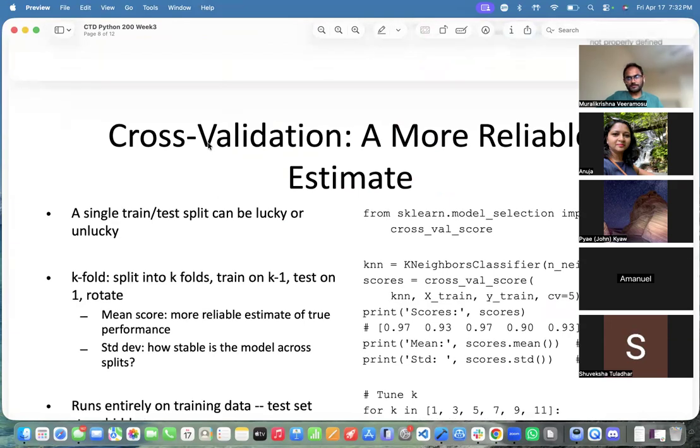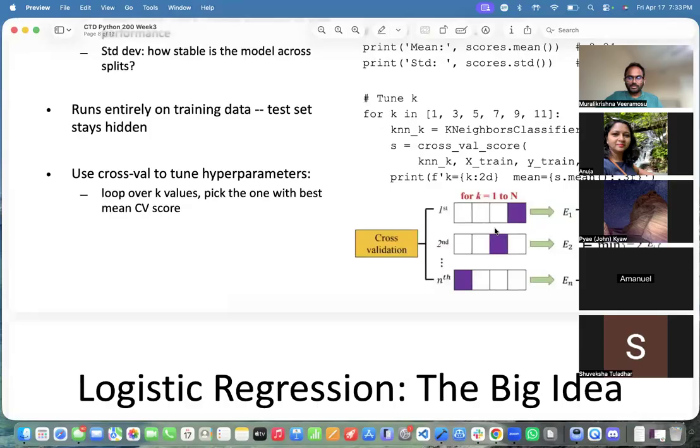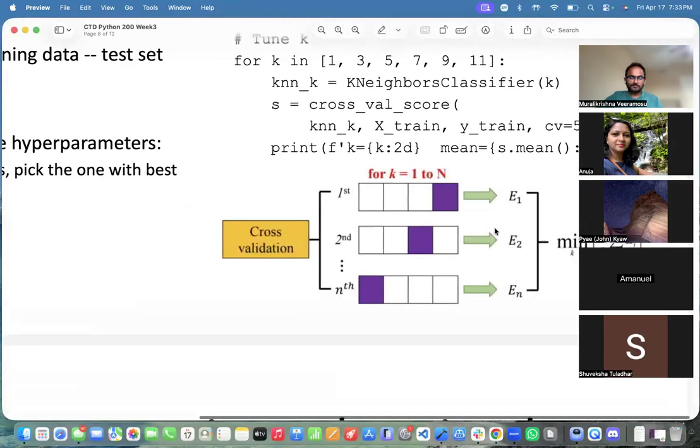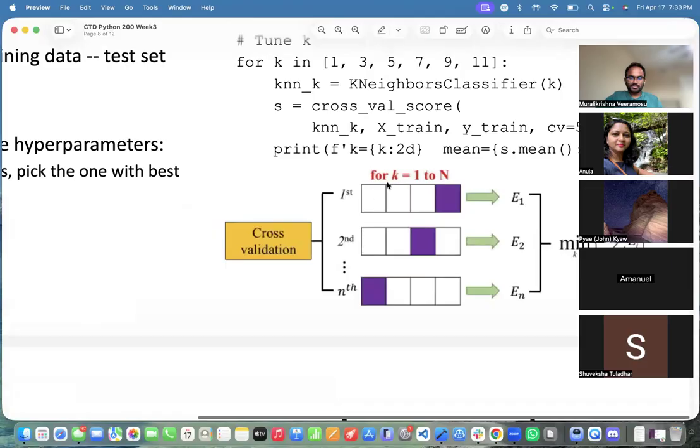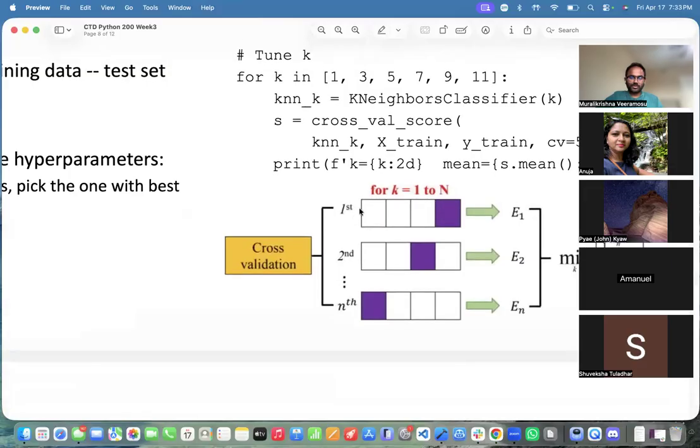So what is cross validation? We determine the value of k by using cross validation. So how do we do it? This is our total data, and we split the data into chunks and train on these 3 boxes and test with this 4th box for k equals 1.